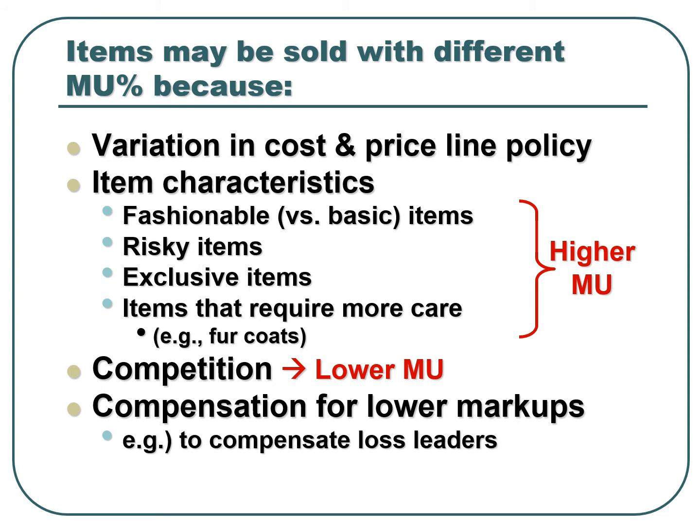In that case, you're not going to apply the same initial markup, but you may apply a higher markup because your cost will be lower due to the promotional offer from the vendor. Even if you apply a higher markup, you may still be able to charge a similar retail price as those similar items that you had in the store earlier. So you can afford to have high markups. In that case, the compensation for lower markups can be achieved through applying higher markups for these other items.